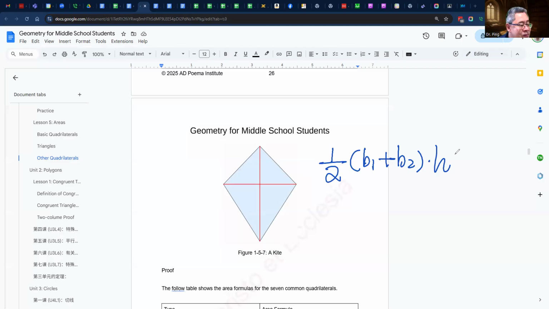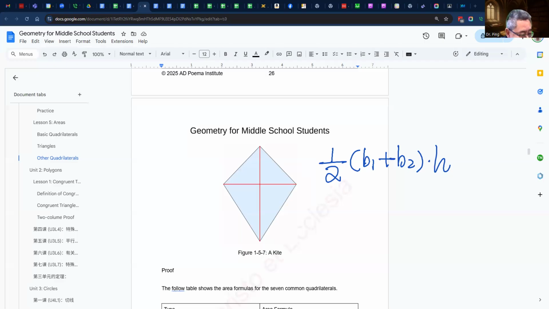Okay, now let's do triangle. Yep, very good. Half base times height. Okay, now we have two more left. One is the rhombus.